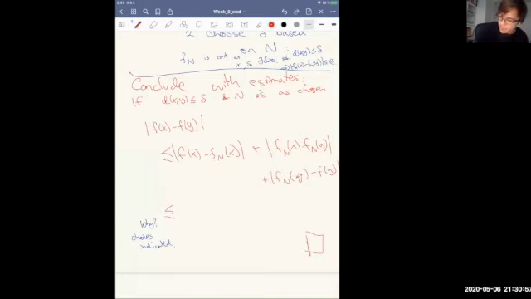Well, the first term is less than epsilon over 3 by uniform convergence and choice of n. The second term is less than epsilon over 3 by choice of delta. And the third one is again the same as the first.